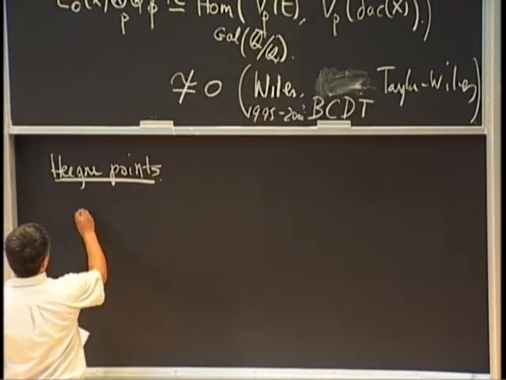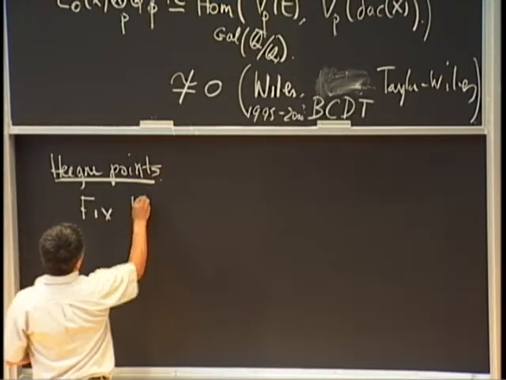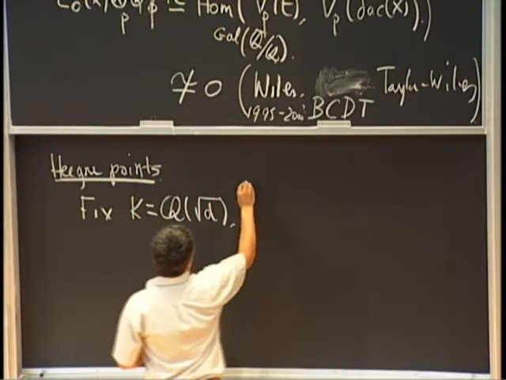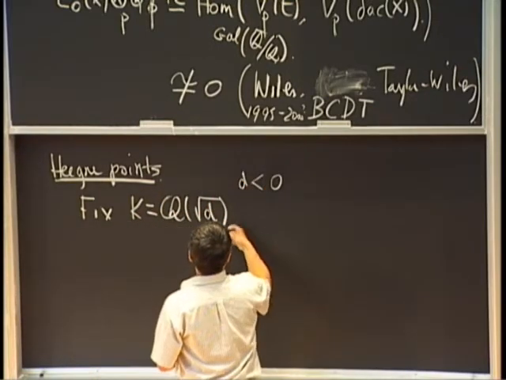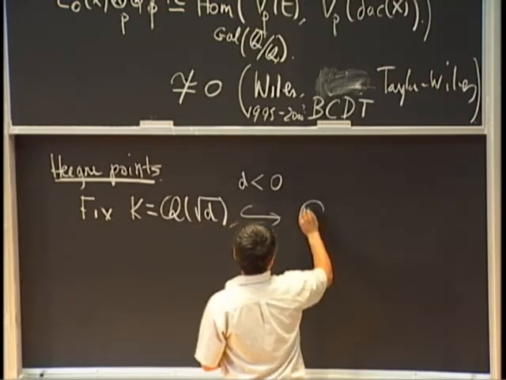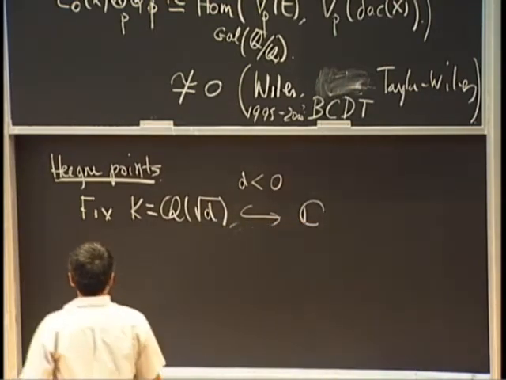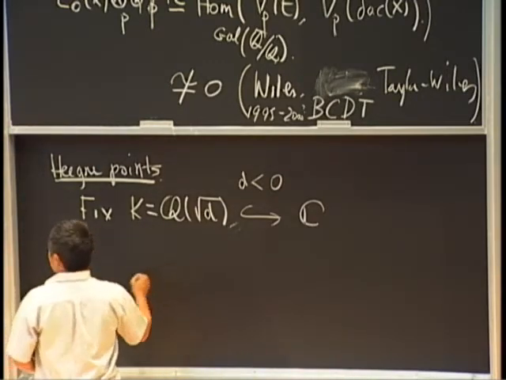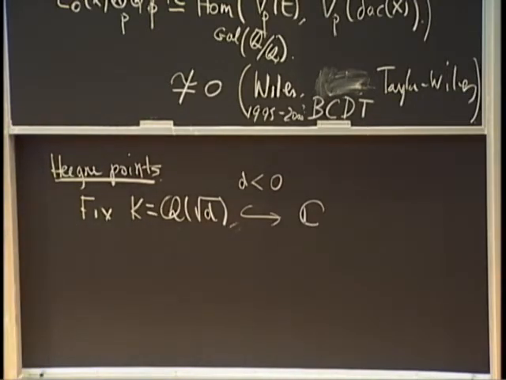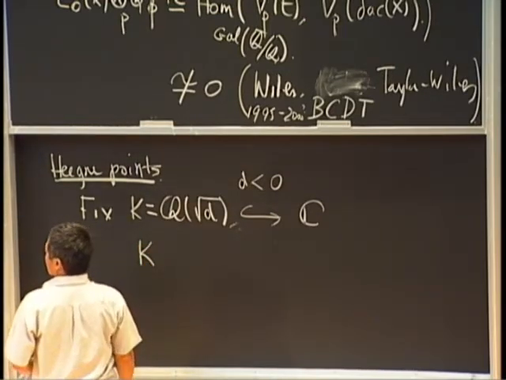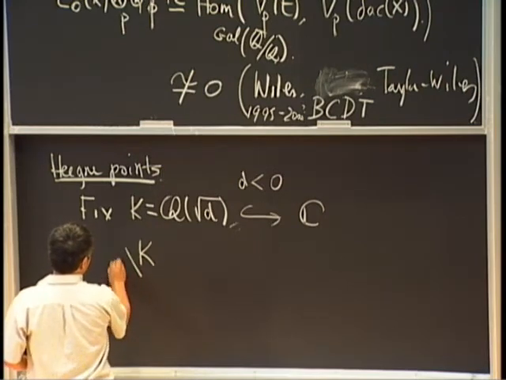So he fixed K, an imaginary quadratic field, with D less than 0. We suppose this one is embedded in the complex numbers. Then instead of considering the upper half plane, you can replace it by K over gamma.